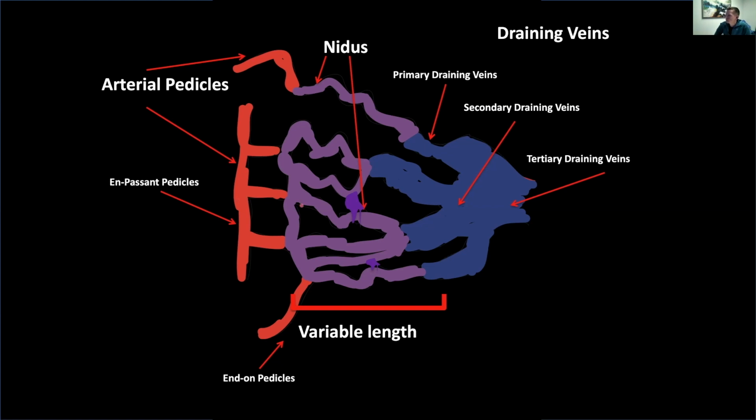You have these dysplastic vessels in the middle, the nidus, those irregularly shaped and formed things, and then you've got the draining veins. And the more we understand about AVMs, the more we come to think of these as sort of like the alveoli in the lung, right? So you actually have these little clusters. You've got secondary and tertiary draining veins that are arranged with substructure.